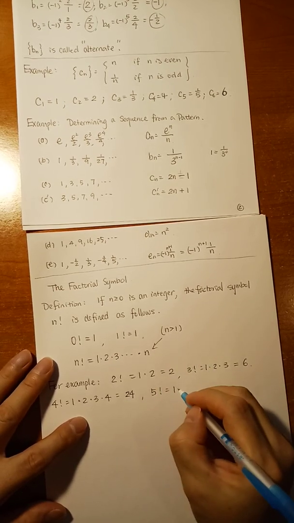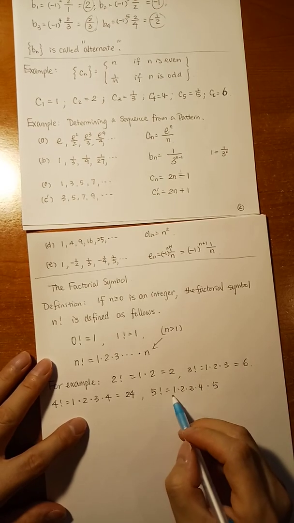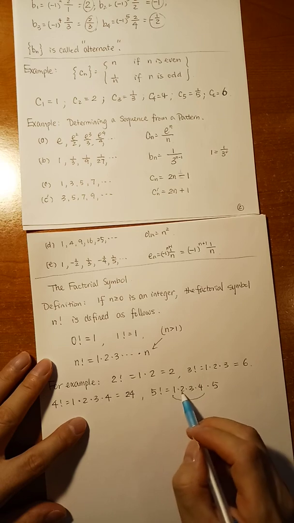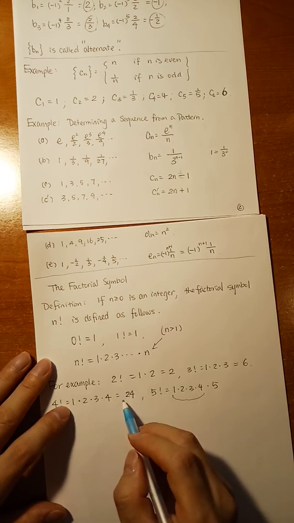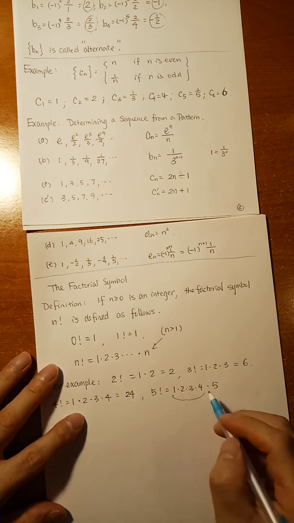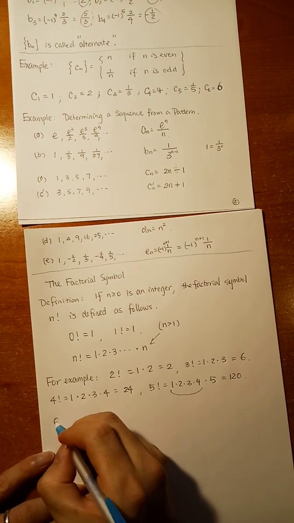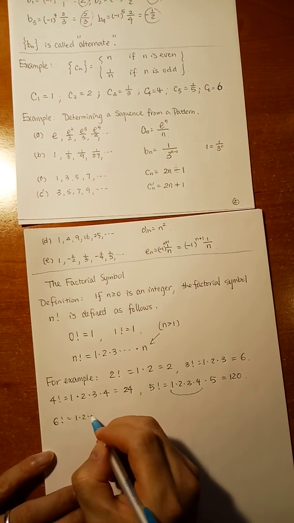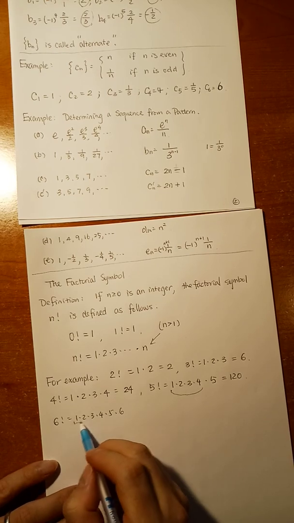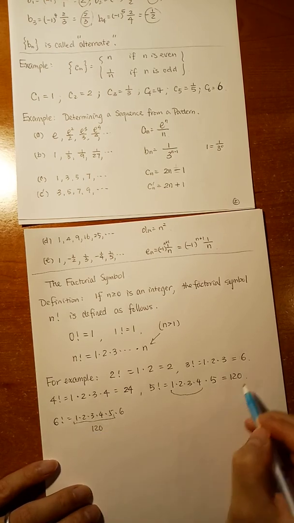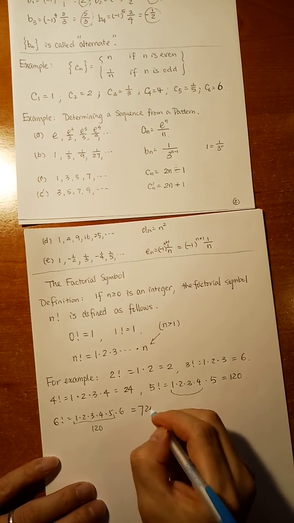5 factorial is 1 times 2 times 3 times 4 times 5. Actually, you see here, the first part is 4 factorial, which is 24. 24 times 5 is 120. And 6 factorial is 1 times 2 times 3 times 4 times 5 times 6. You know this product up to 5 is 120, and then times 6 is 720.